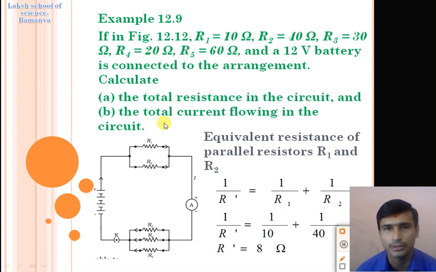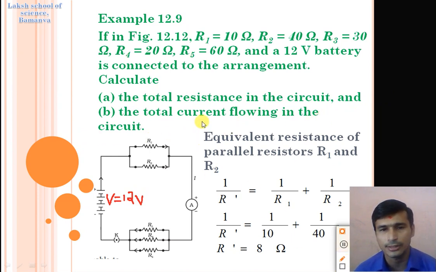These five resistors are connected like this in the figure and a 12 volt battery is connected to this arrangement. Calculate the total resistance of the circuit and the total current flowing in the circuit.